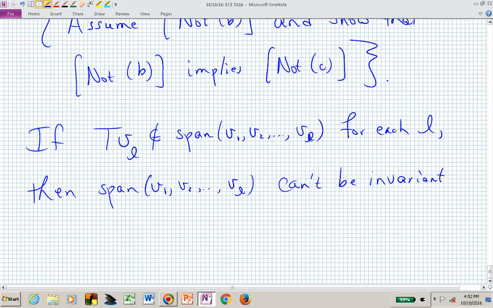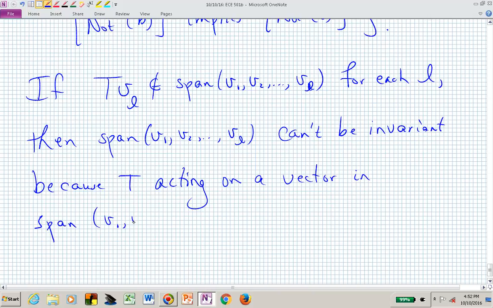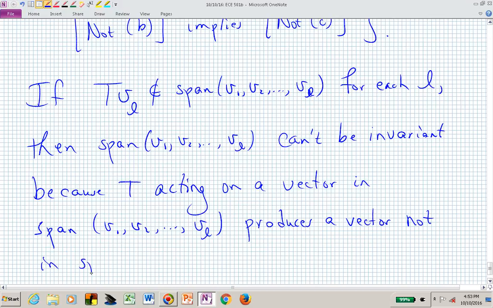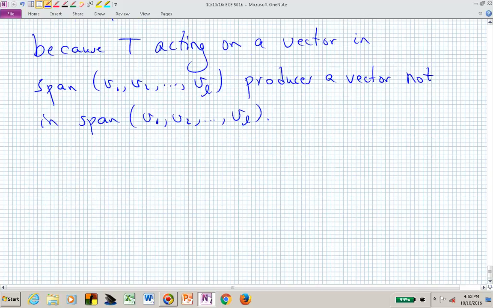So we can't be invariant because T acting on a vector in this span of V1, V2, V sub L actually produces a vector outside of, or not in, the span of V1, V2, V sub L. So we've now shown that that collection of vectors, V1 through V sub L, is not invariant with respect to T, and that was statement C, that it was invariant, and we've just shown it's not invariant.